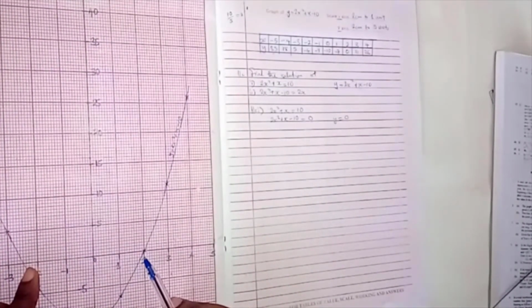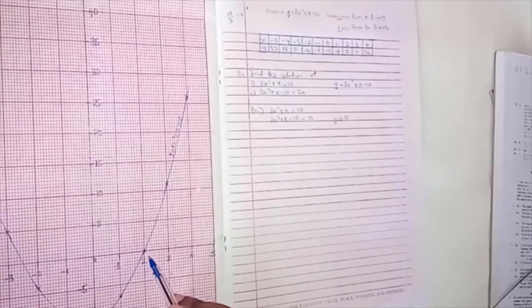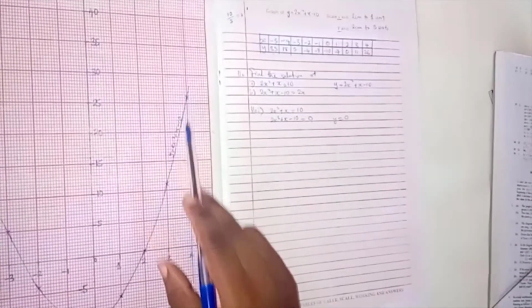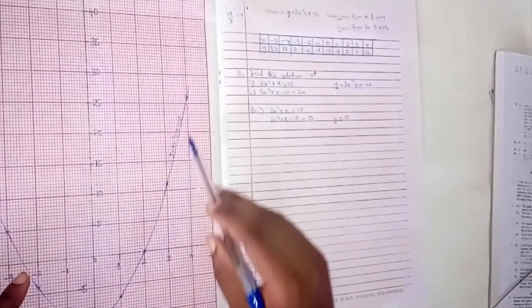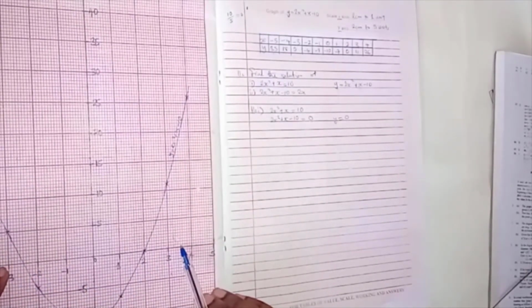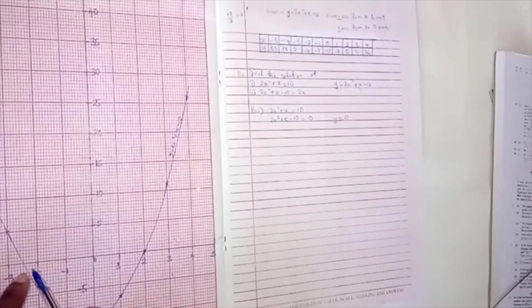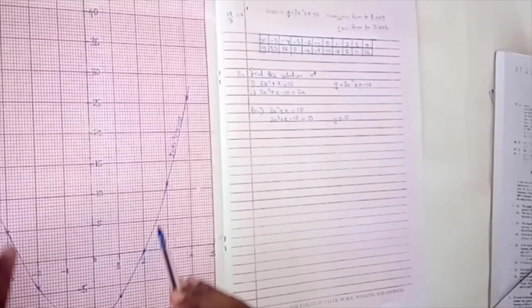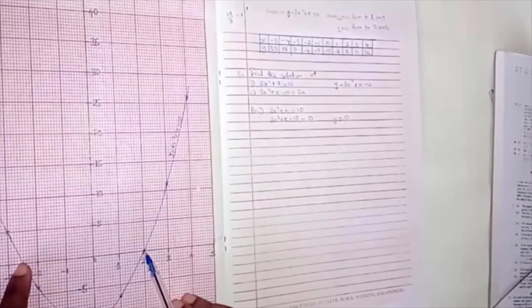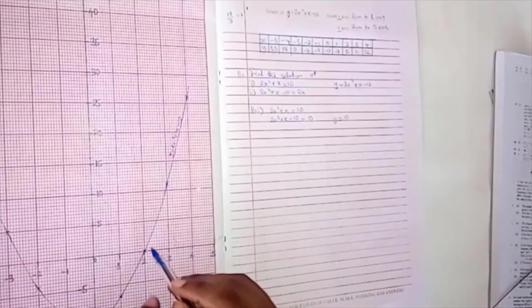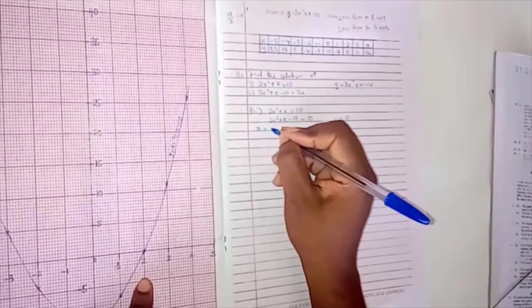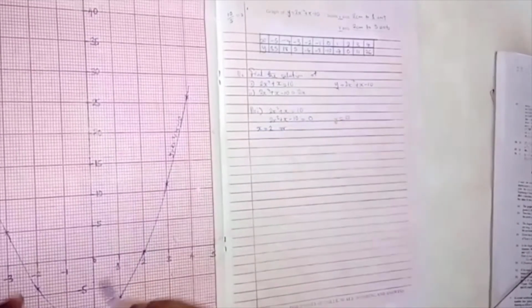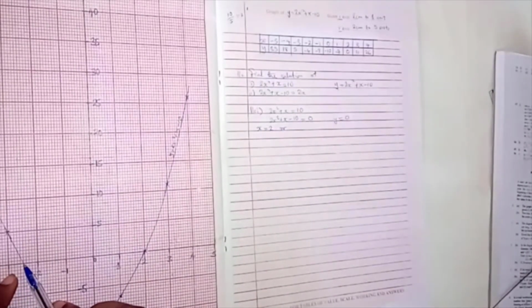And that is what we know as the roots of the equation, the points where the curve touches the x-axis at y equal to 0. So where does the curve touch the x-axis? We are going to trace that down. So here we have one point here. One point is x equal to 2, or this next point, what point is this? See this point here?